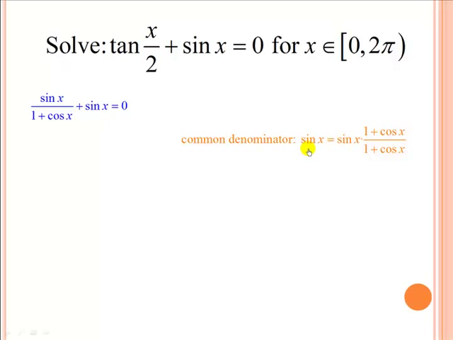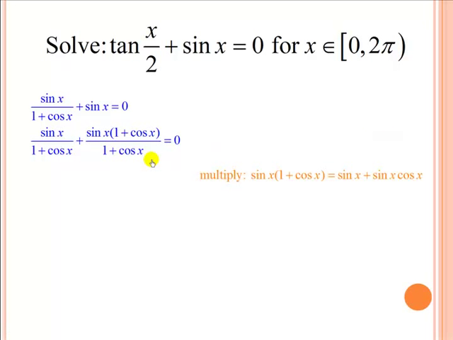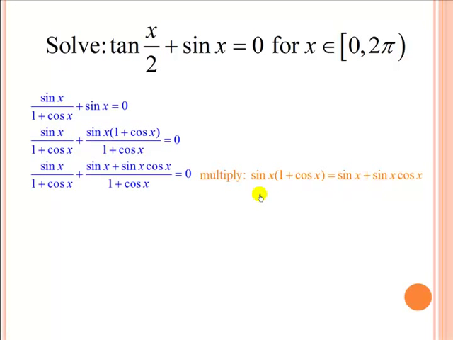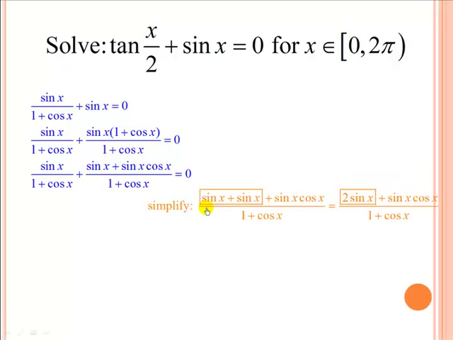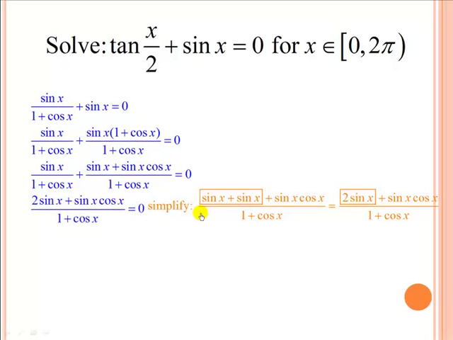Instead of writing sine x, we're going to write sine x times this quantity to get a new form of the equation. After simplifying, we multiply the numerator out, so we get sine x plus sine x cosine x. And finally we have a common term, sine x plus sine x, so we simplify and collect like terms to get the new form of the equation.